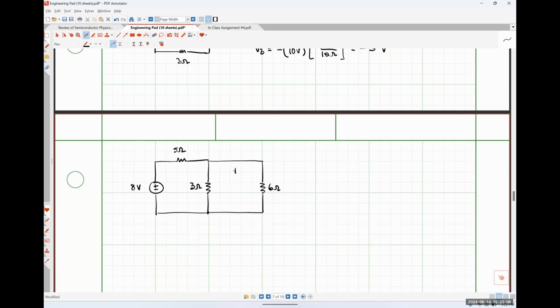And we're interested in finding the voltage drop across the 3-ohm resistor or the voltage drop across the 6-ohm resistor. Like I said, you guys have probably seen things like this a couple of times at this point.